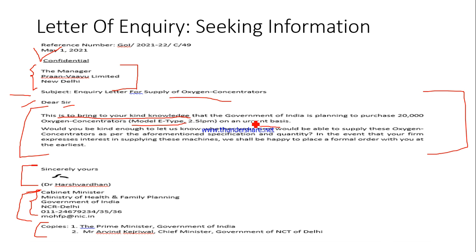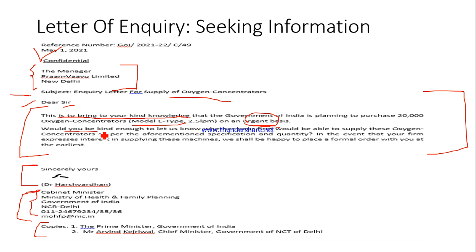In fact, I can also replace this urgent basis with a particular date. I can say that India is planning to purchase these many oxygen concentrators by 10th of May to make it even more clear to the receiver as to what my requirements are. So this is the clarity element.